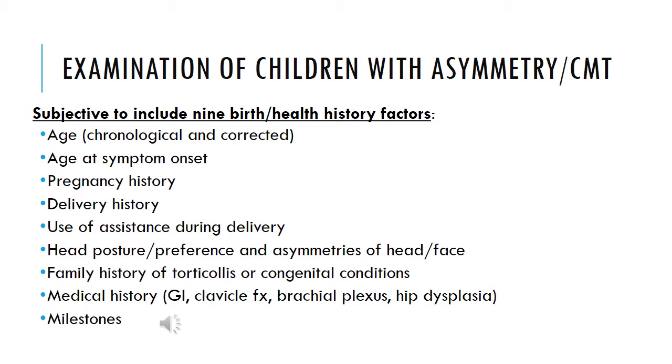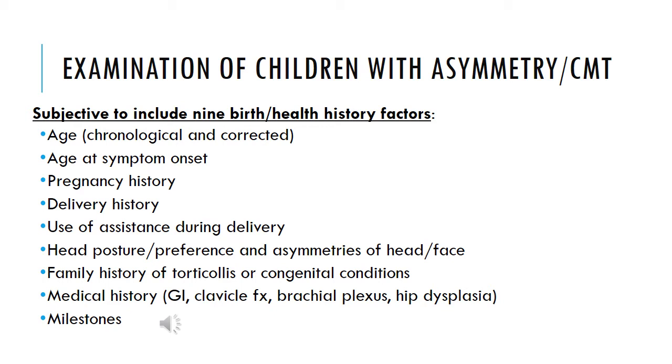Even gastrointestinal conditions such as reflux or hernias can cause the child to position asymmetrically, especially if that individual is in pain. So you really want to get a thorough medical history to determine if there could be potential causes of asymmetry outside of the actual structure of the sternocleidomastoid muscle.